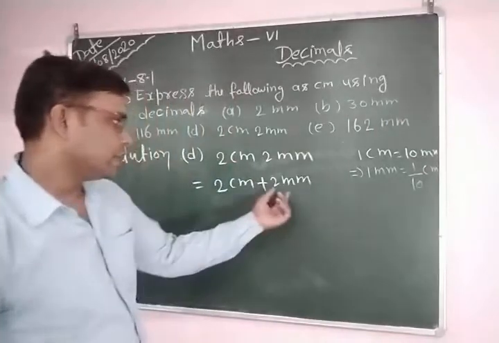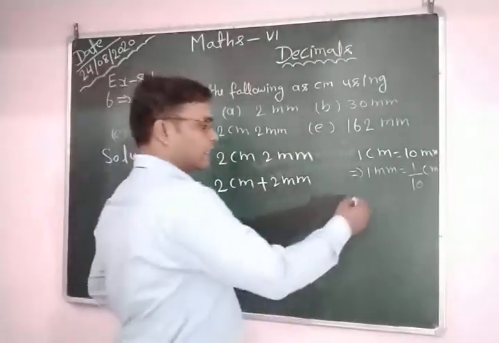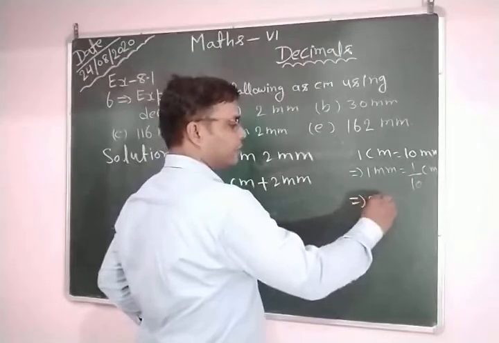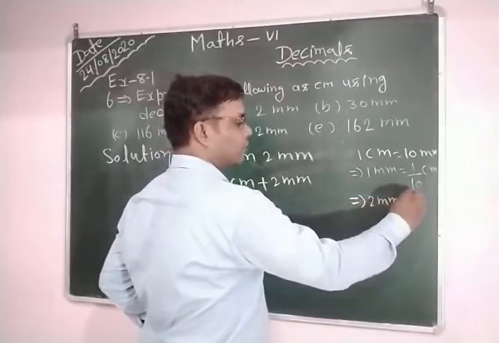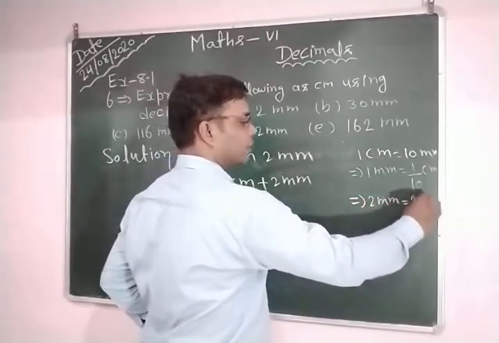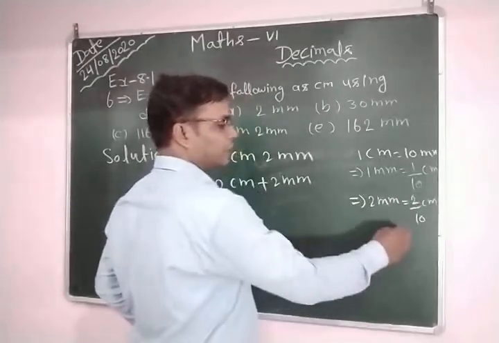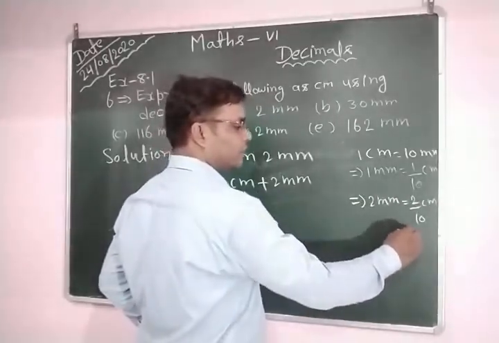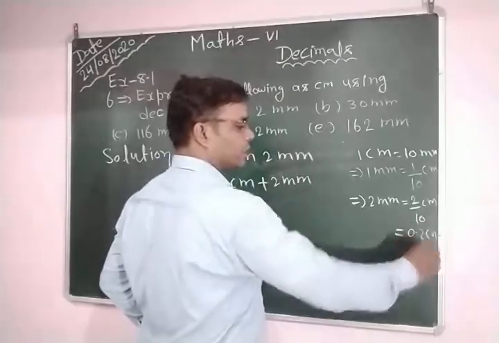Here we have 2 millimeters, so 2 millimeters is equal to 2 by 10 centimeters, or 0.2 centimeters.